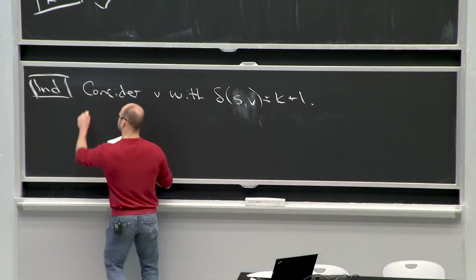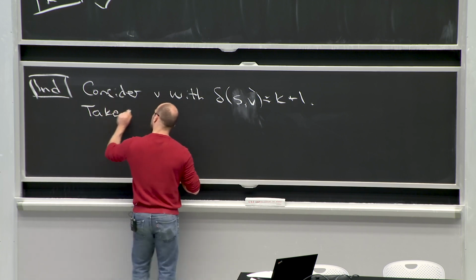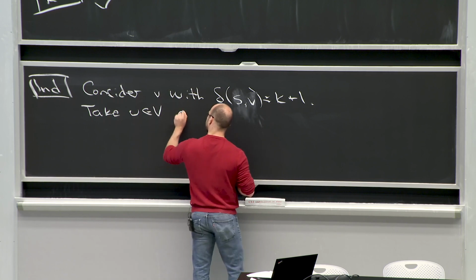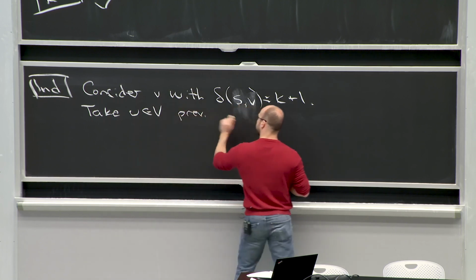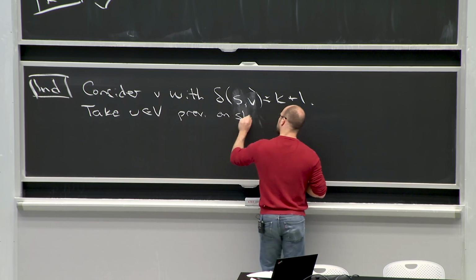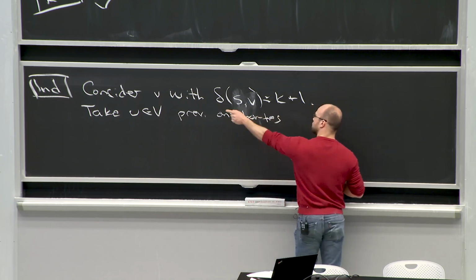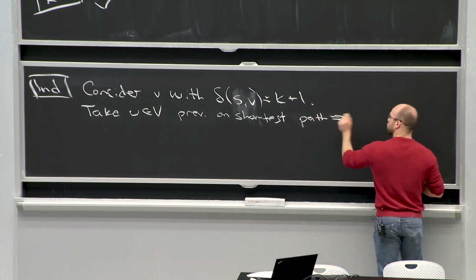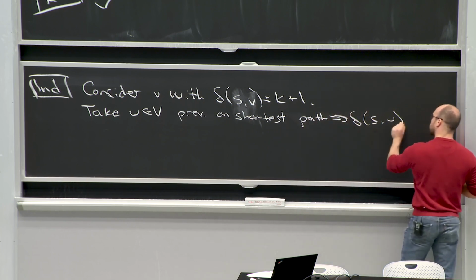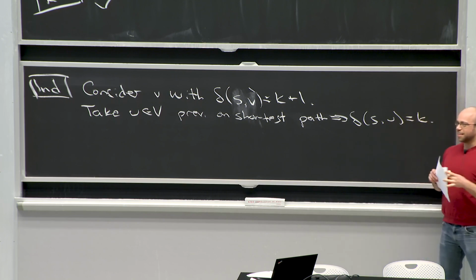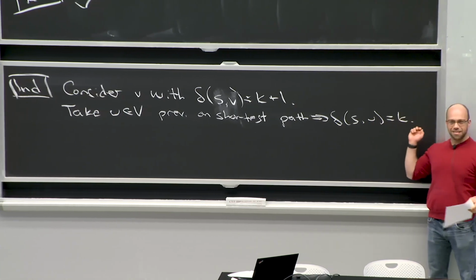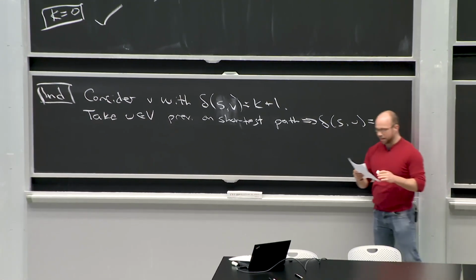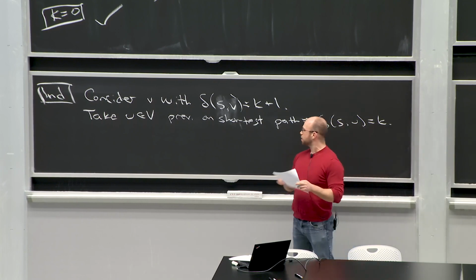So let's take U, which is also a vertex, to be the previous node on the shortest path from S to V. In particular, we know that the distance from S to U is equal to k, and conveniently, by our inductive hypothesis, we know that our property is true for this vertex. Now what do we know about our algorithm?